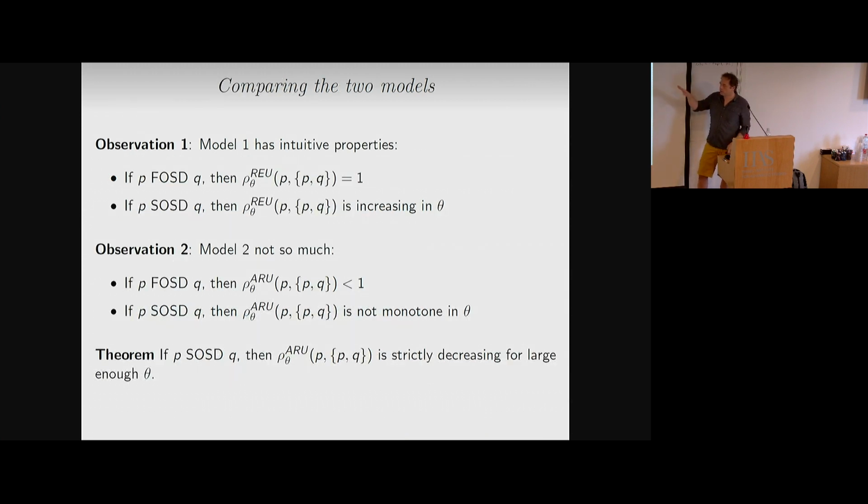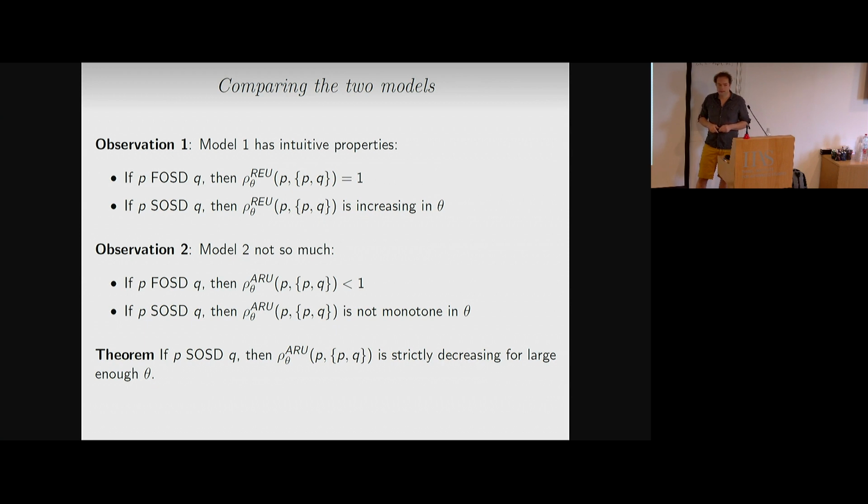I want to push this a little further. I think the first model, random expected utility, has very intuitive properties. Suppose P first order stochastically dominates Q, then the probability that P gets chosen over Q is 1, according to random expected utility and CARA, because all CARA functions are increasing functions. So P is better than Q according to any expected utility.